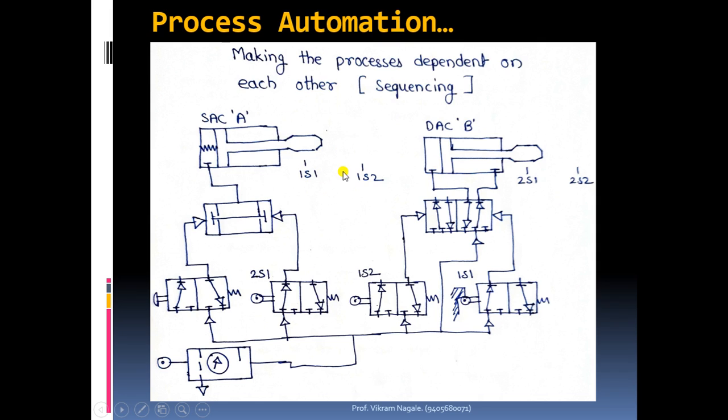there is no requirement for checking the status of this second cylinder. Okay, we have to just make two processes dependent on each other. Means extension of the second cylinder over the extension of the first one, and retraction of the second cylinder after the retraction of the first cylinder.